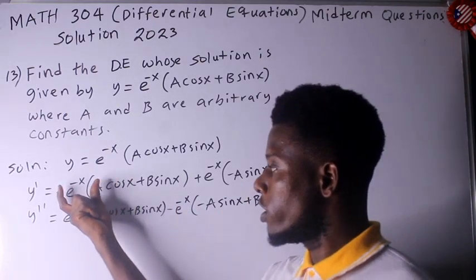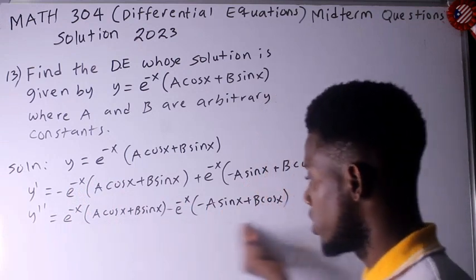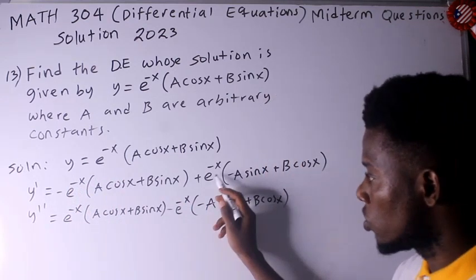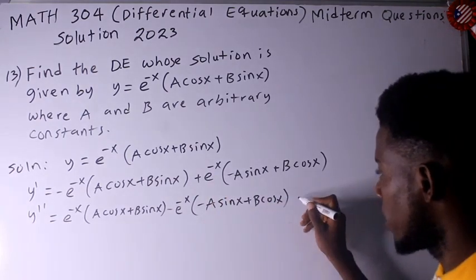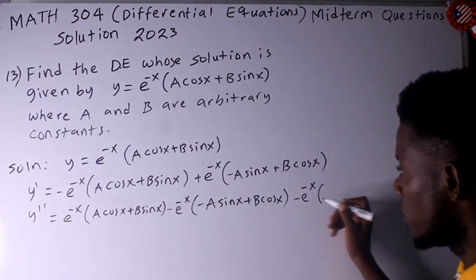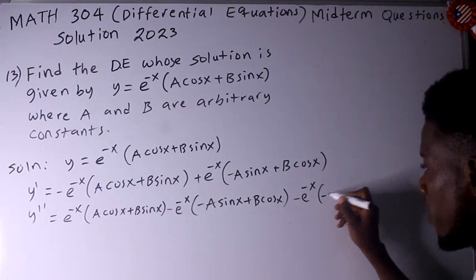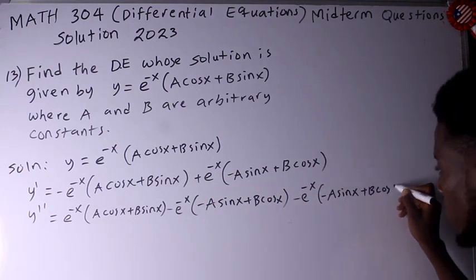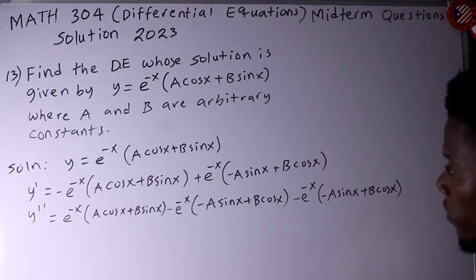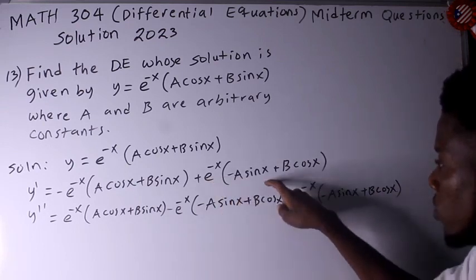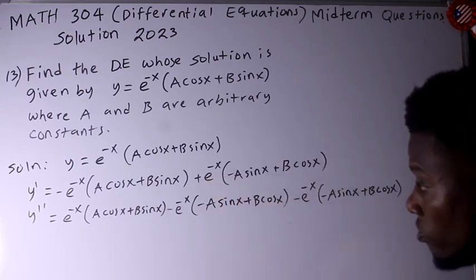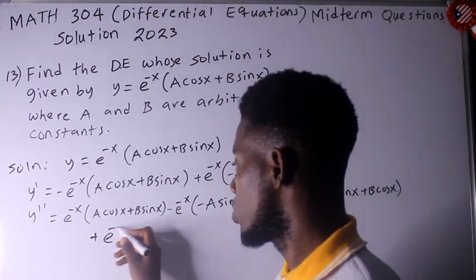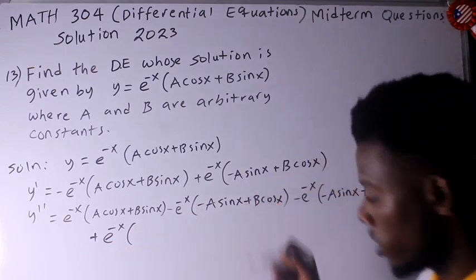So for the derivative of this, using the product rule, we have this entire thing. And then we have to differentiate this. We differentiate and have minus e raised to the minus x, and then we hold this constant, minus a sin x plus b cos x. So we differentiate this and hold this constant, plus we hold e to the minus x constant, and then we differentiate the y in here.